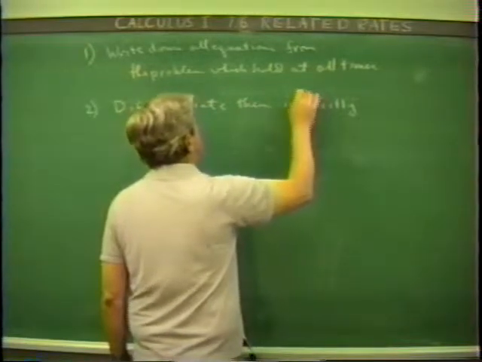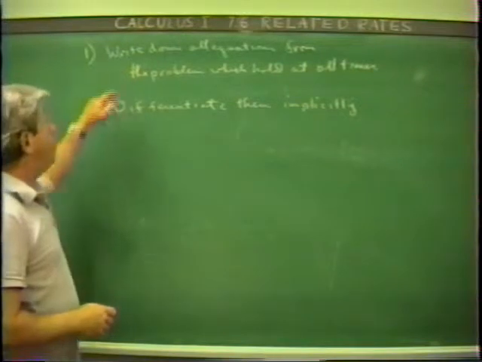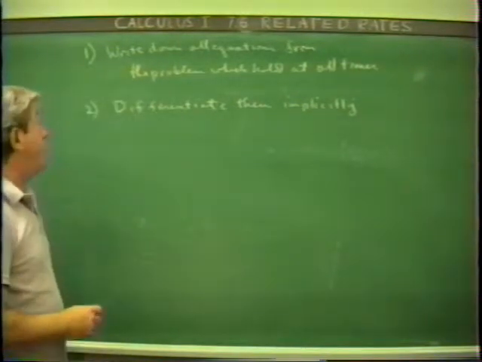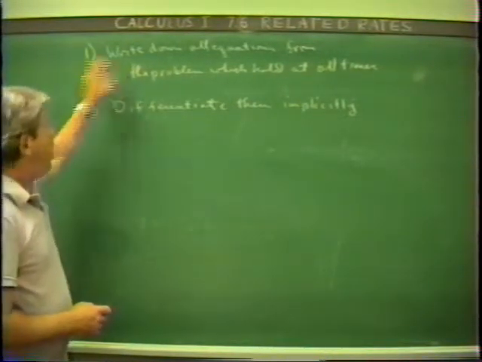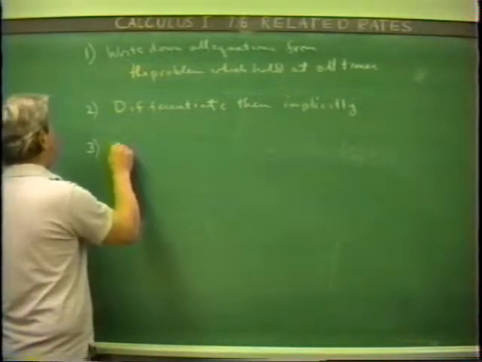These equations supposedly hold at all times, and so you should be able to differentiate both sides of the equation and get an additional equation for each one that you've started out with. So now you have twice as many equations as you started out with.